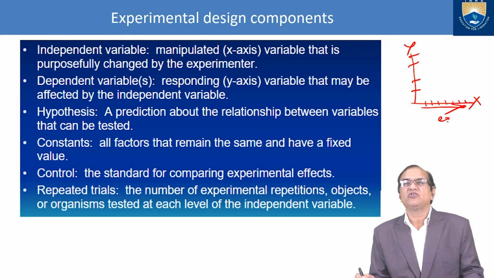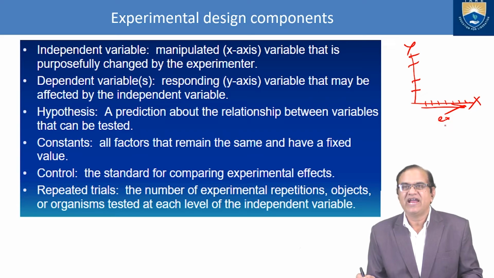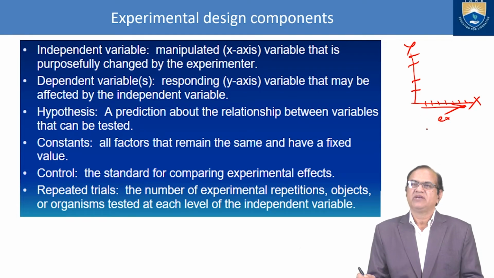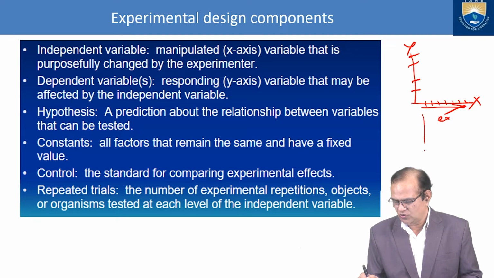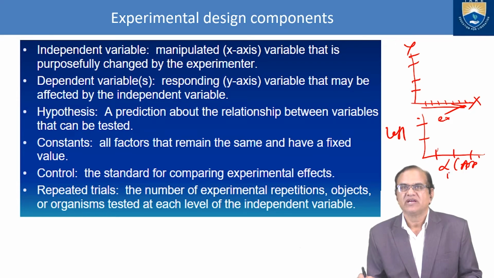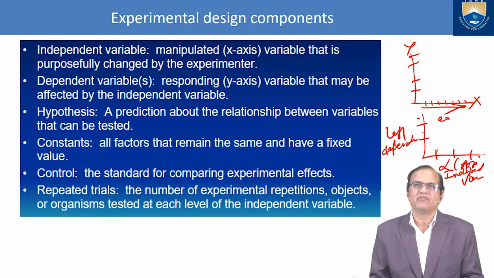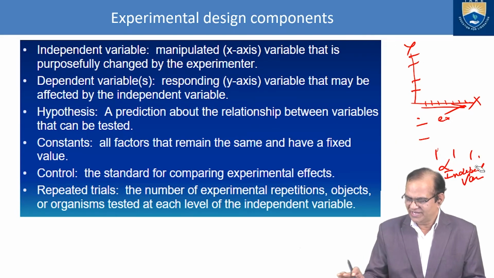So try to make your independent variable here. If you do some wind tunnel testing, we will vary the angle of attack here, 2, 4, 5, 6, and here is the lift. So this is the independent variable and this is the dependent variable. Okay, so like this you have to form it. Then you have to frame the hypothesis.